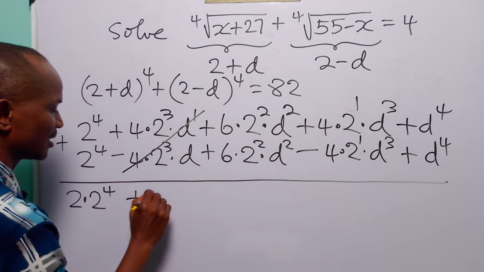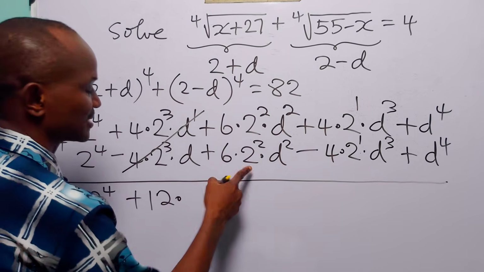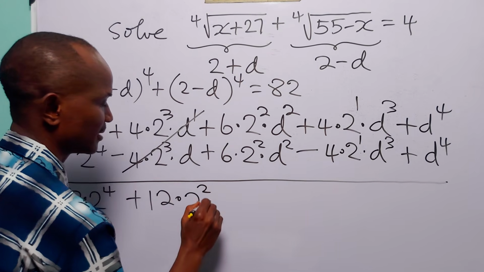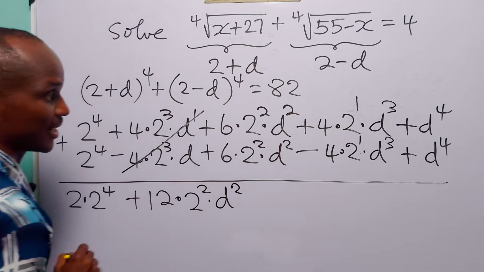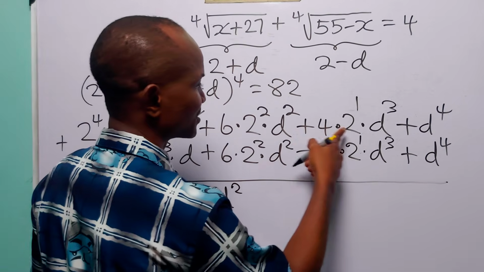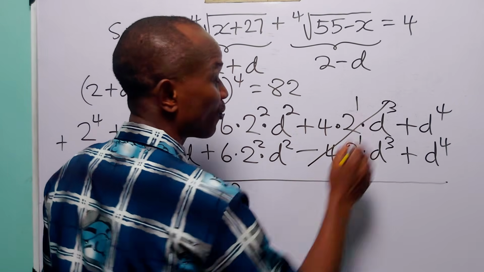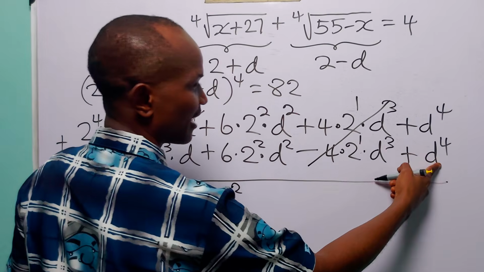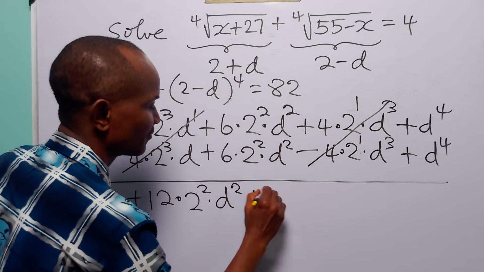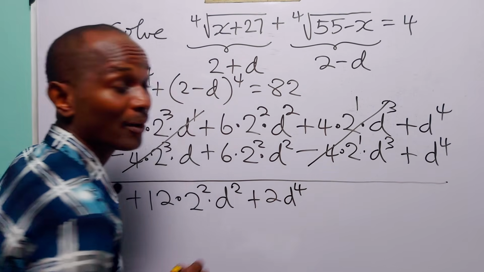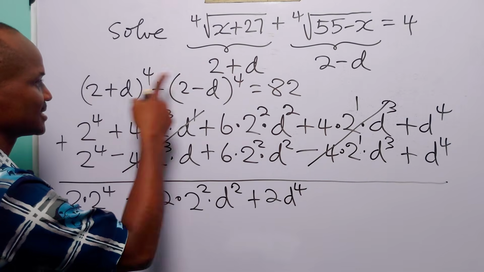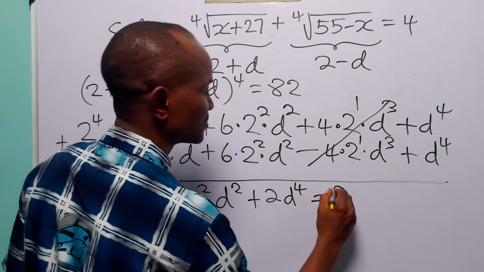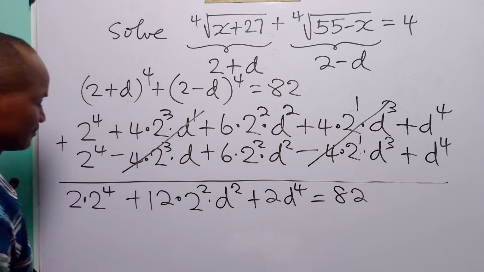So we have 12 times 2 squared times d squared. Once more, plus this minus this is equal to 0. We have 2 of this, so we have 2d to the power 4. And of course, this plus this is equal to 82.